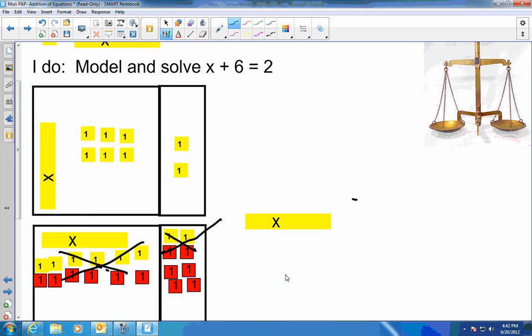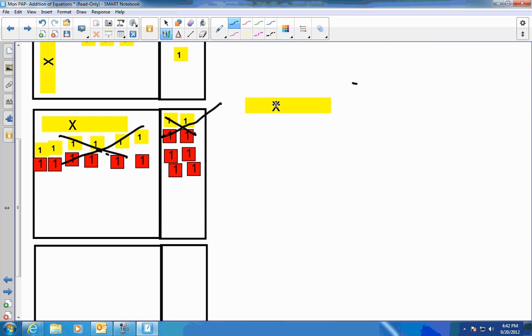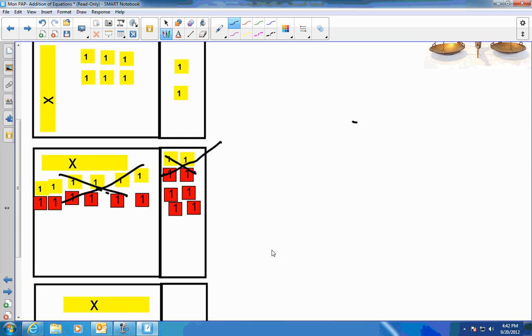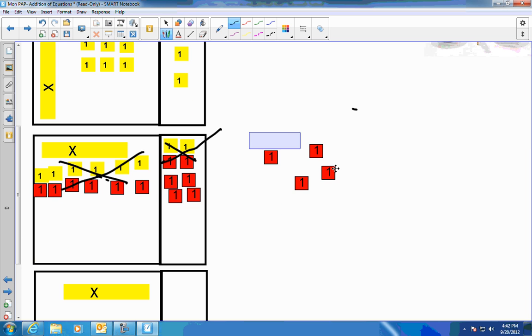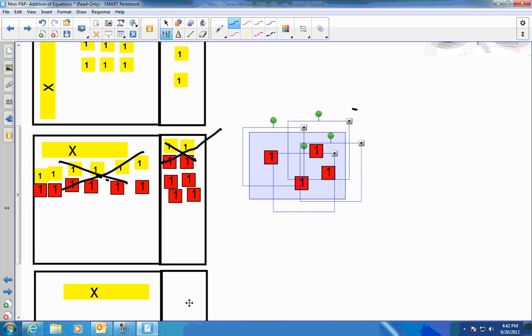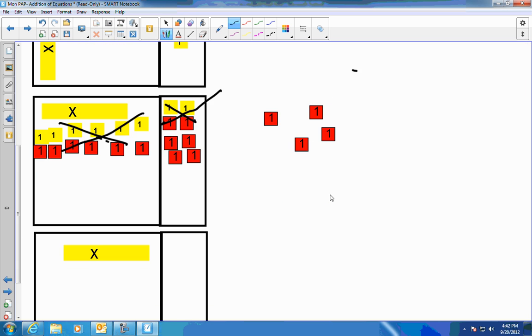So I've got an x. And again, remember that x was all that I wanted left down here. So all of these guys canceled out, so that's all I've got left. And that means I have 1, 2, 3, 4 left. Okay, they didn't move like I thought they would.